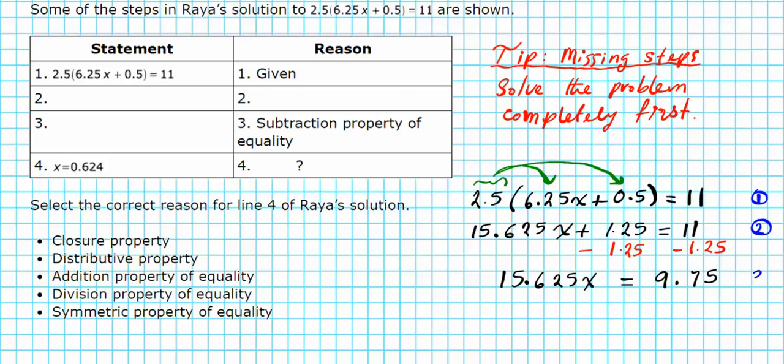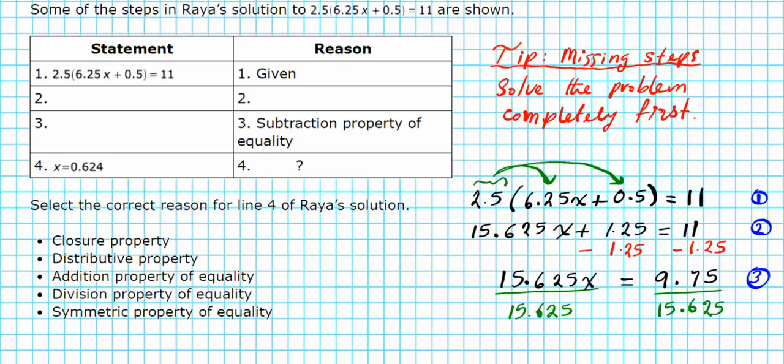What did we do to both sides? We subtracted. So you see why it says subtraction property of equality there? So we're looking good. To finish this problem off, we need to get x isolated. How do we accomplish that? We divide both sides of our equation by 15.625.